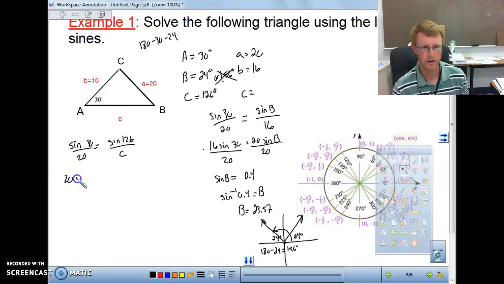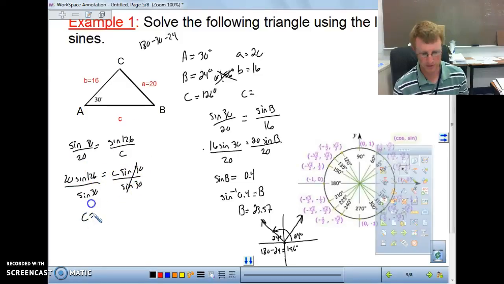Cross multiply, 20 sine of 126 equals c sine of 30. Divide both sides by sine of 30. And put all of this into our calculator, and we get c equals 32.4.